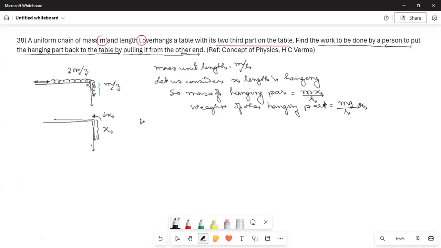Now let us consider a very small length dx is pulled up.